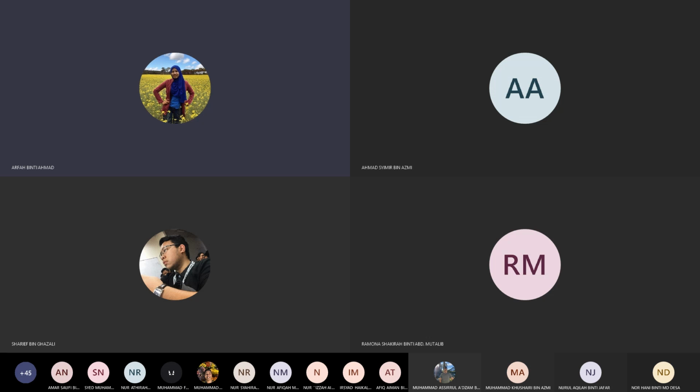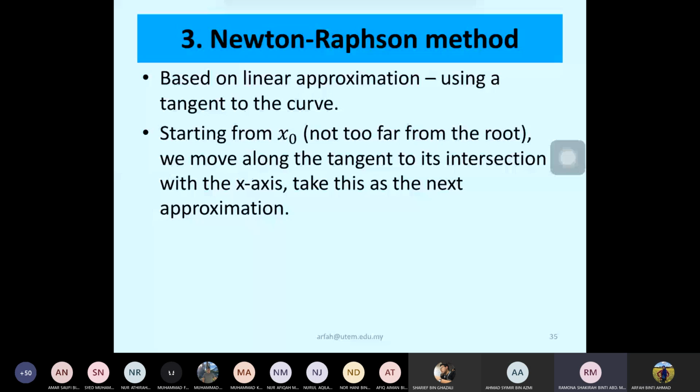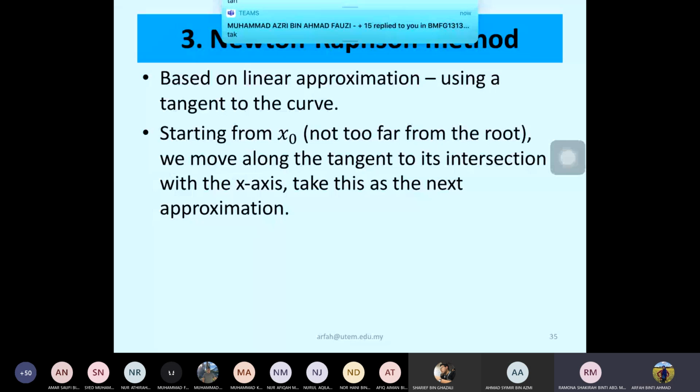Okey, semua nampak slide? Sekarang ni semua nampak slide? Nampak tak ada slide right now? Yeah. Tak ada. Tak nampak. Okey, nampak. Okey, dah nampak. Okey, thank you semua yang respon.